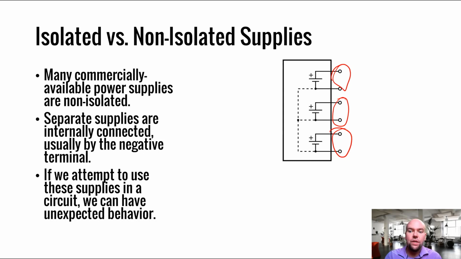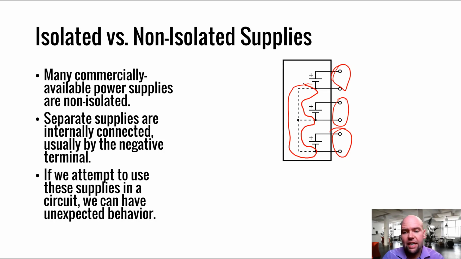One supply might not be able to be 1,000,000 volts higher potential than another supply. Or there might be something like the ground terminals, the negative terminals of the supplies, which internally may be connected together. This is quite common, and so you can't just do whatever you want with the supplies.